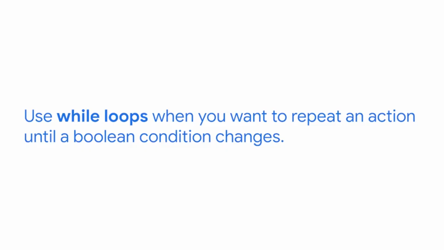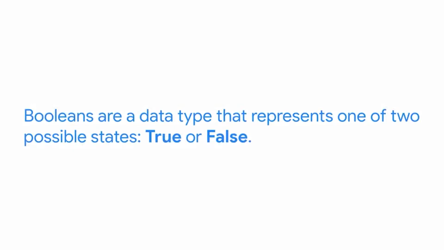Use while loops when you want to repeat an action until a Boolean condition changes, without having to write the same code repeatedly. Remember, Booleans are a data type that represents one of two possible states, usually true or false. And if whatever you're trying to do can be done with either a for loop or a while loop, just use whatever you prefer. I happen to love them both, and I'm really glad I have both tools in my Python toolbox.